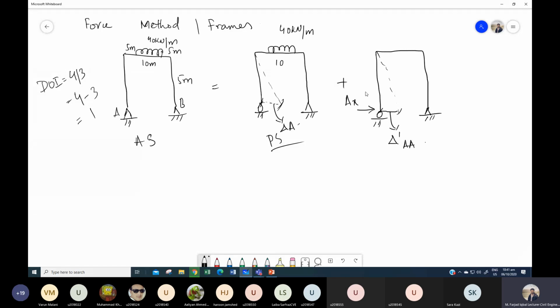So in the redundant structure, we are basically applying the principle of superposition. In this beam, we have again applied this horizontal reaction, and the sum of these two frames would be equal to this one. The reaction which we remove in the primary structure, we would apply that particular reaction in the redundant structure. Is it clear?